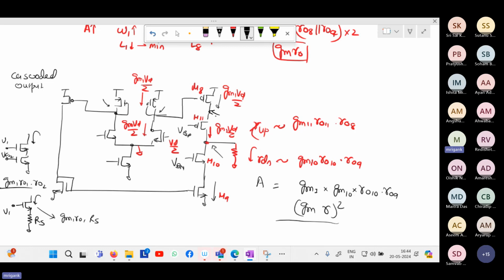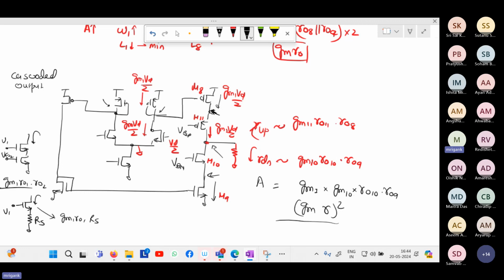What about these nodes? These are the additional nodes that we have introduced. Yes. Any problem with these nodes? What is the net impedance looking at this node? They will each give around ro by 2.